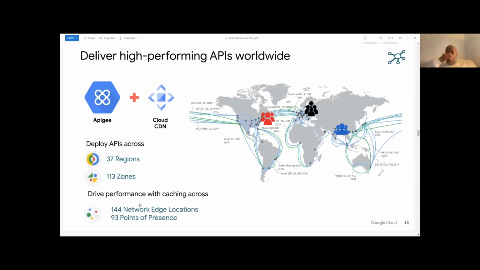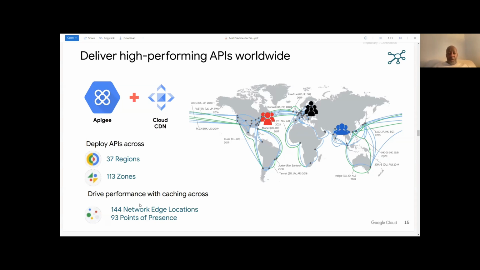Apigee in itself is an enterprise global solution. You can deploy it anywhere, and for example, it's in 37 regions and 113 different zones within Google. There's also a SaaS product that is deployed in different locations throughout the world, so that you can get access quickly.